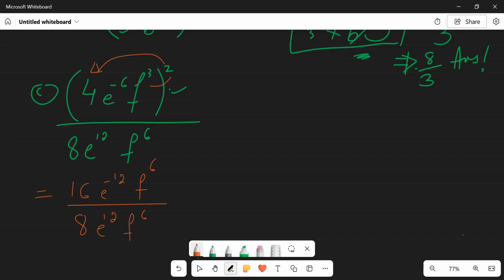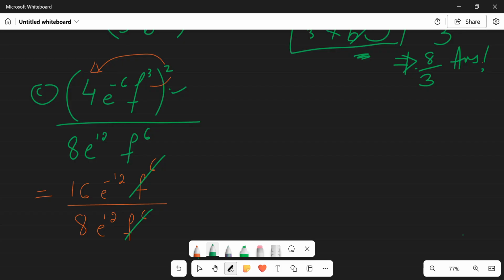Opposite signs of the variables in the fractions cannot be cancelled. Yes, this is cancelled, right? They both are same. When 6 will go up, it automatically converts into minus. So 6 minus 6 gives you 0 and f to the power 0 turned into 1. So f will be finished, right?